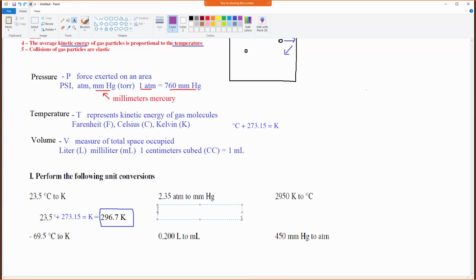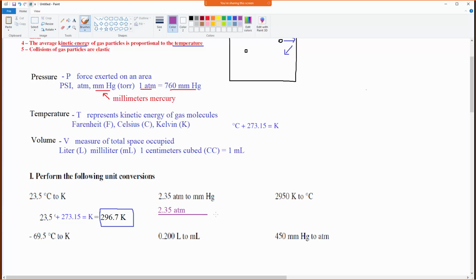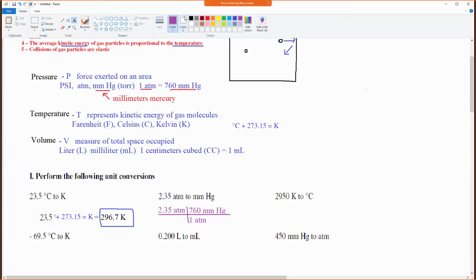If I'm starting with 2.35 atmospheres, and I'm going to convert that using this equivalency, I want atmospheres on the bottom, so that puts the millimeters of mercury on top. If I do that, my atmospheres cancel. I'm left with millimeters of mercury, and I can plug it in.